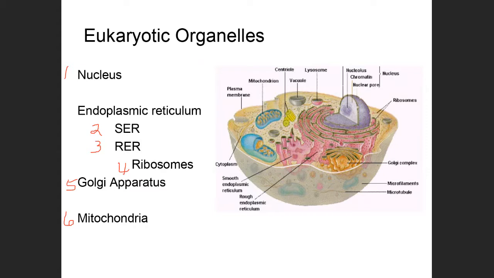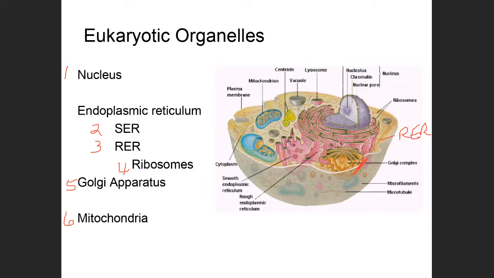The Golgi apparatus is found adjacent to the rough endoplasmic reticulum. Here is the RER, studded with the ribosome, and this is the Golgi right here. The Golgi receives the proteins in vesicles from the rough endoplasmic reticulum and enzymatically modifies them.